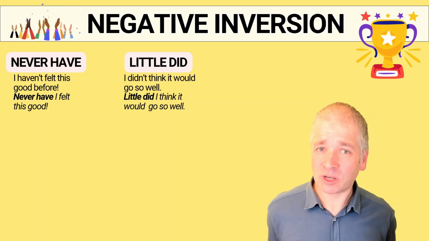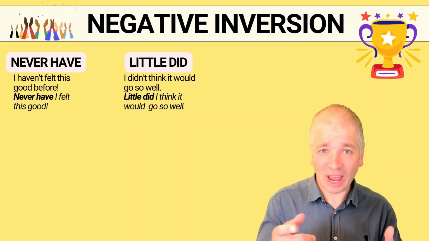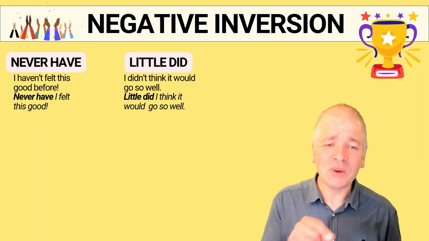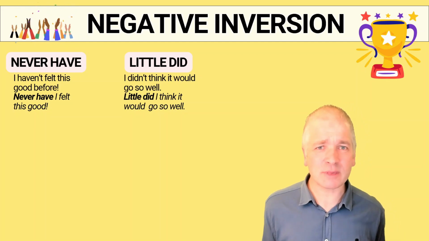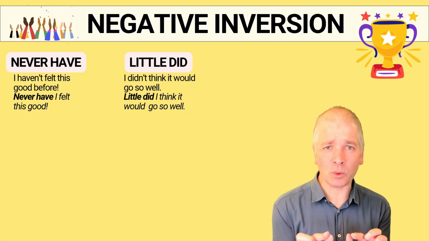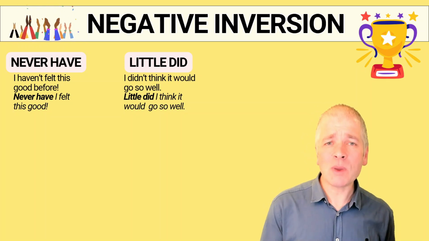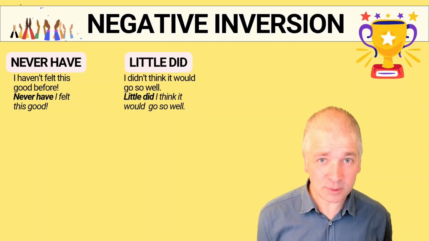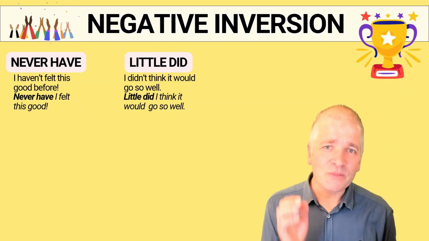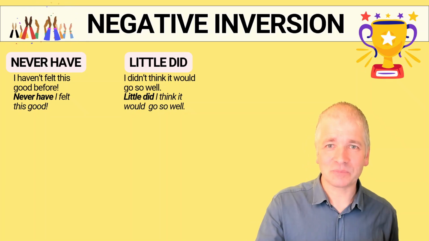I didn't think it would go so well. We could change this with negative inversion to little did I think it would go so well. We have the same principle again. We have a negative word, little, then we have the auxiliary, did, then the subject after the auxiliary, I, and then the main verb, think.